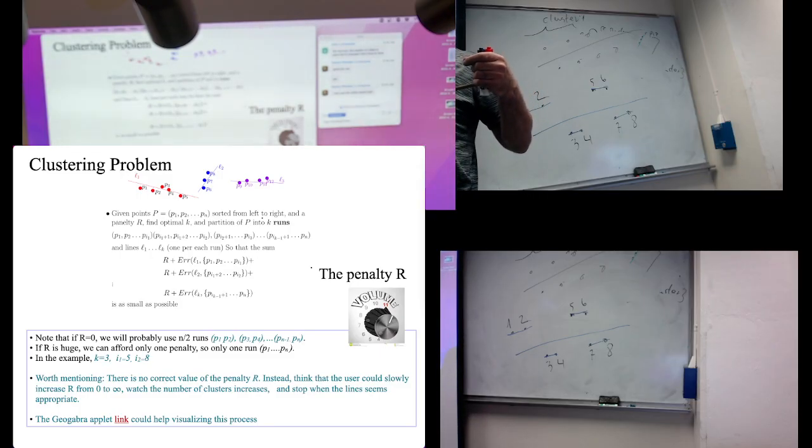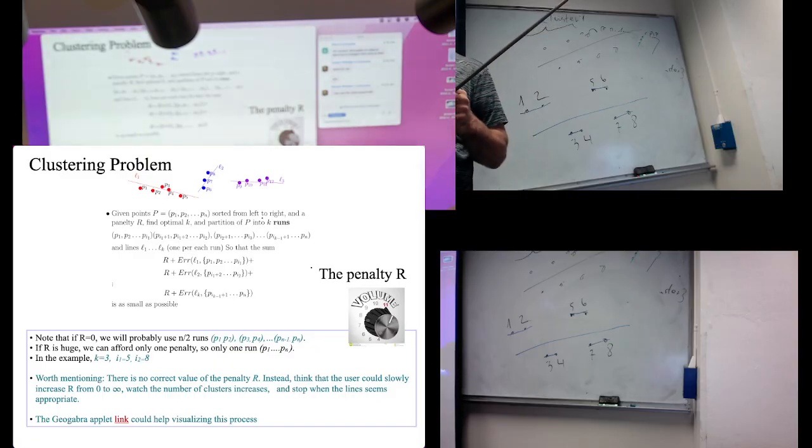Well, in this problem, the user will have a tune-up parameter, a volume knob, that will allow the user to control the number of clusters. But to control the number of clusters, I'll tell the user something smarter. You know what, you don't really want to guess the number of clusters ahead of time.